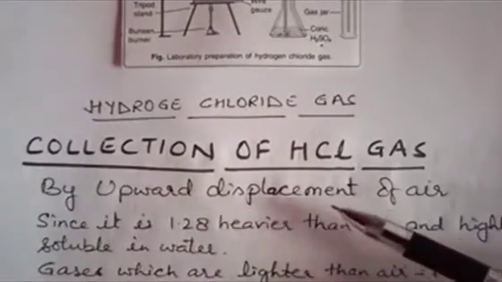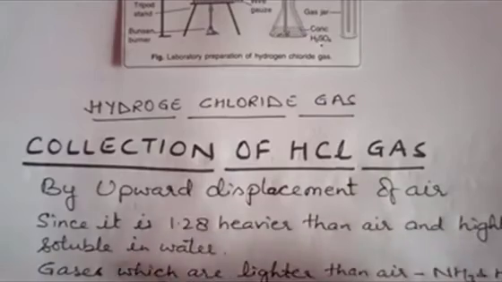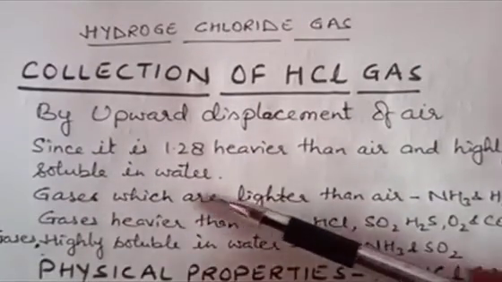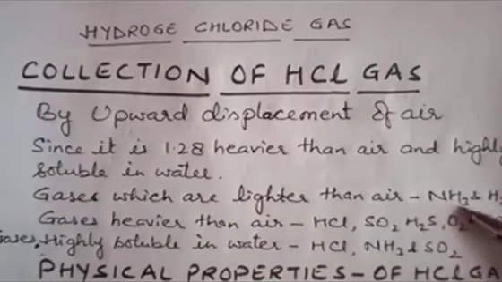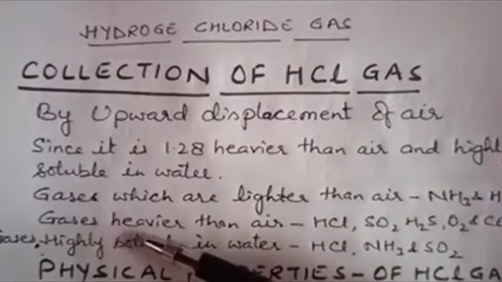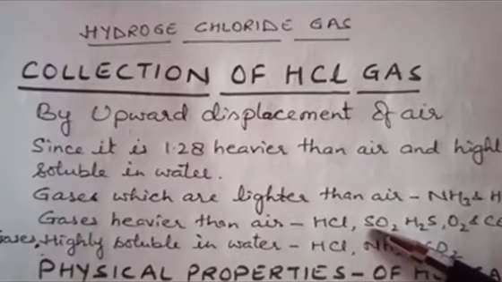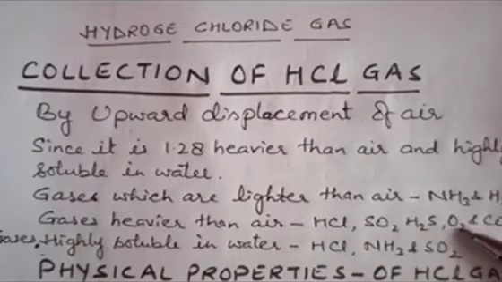Now, you should know that gases which are lighter than air are NH3, ammonia and hydrogen gas. Gases heavier than air are HCl, sulfur dioxide, hydrogen sulfide, oxygen and carbon dioxide.